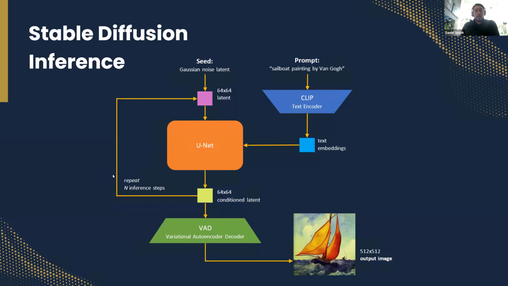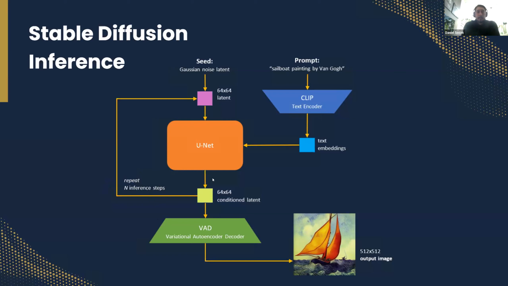This number of inference steps is important to control the quality of your output, and it is something we're going to vary to make sure we have the optimum value for this parameter.